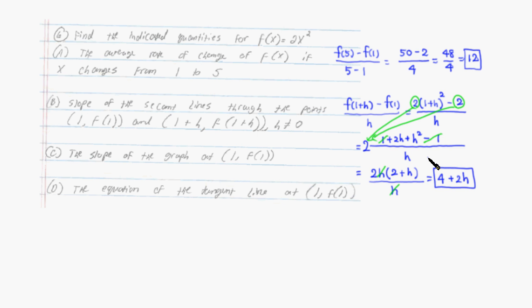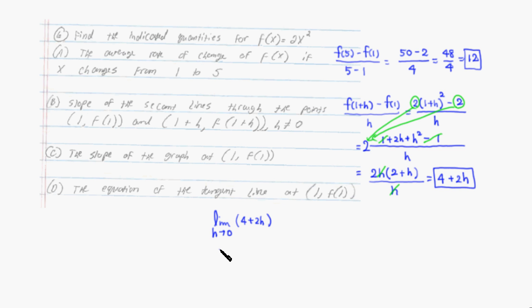Part C: slope of the graph of f at x equals 1. This is going to be the limit of the slope of the secant line. We just need to take the limit of the result from part B, which is 4 plus 2h, as h goes to 0.